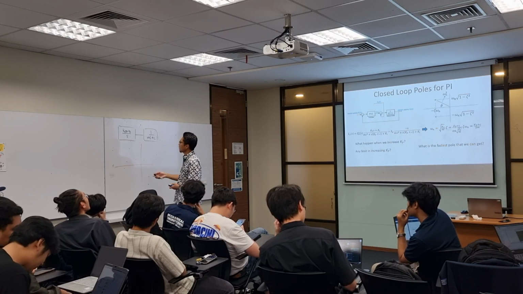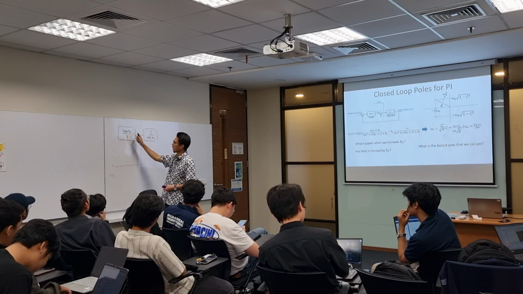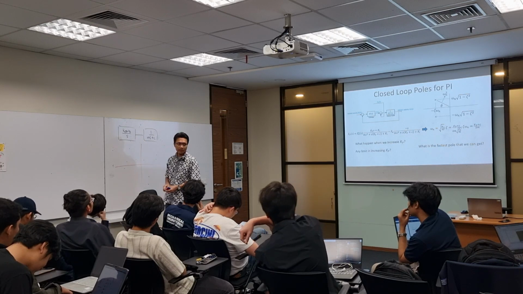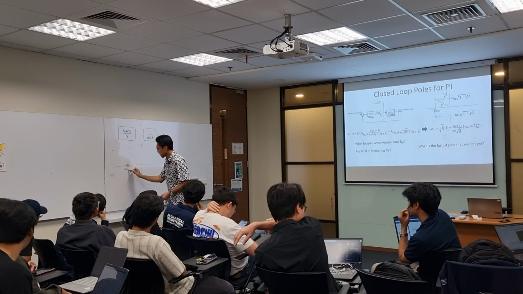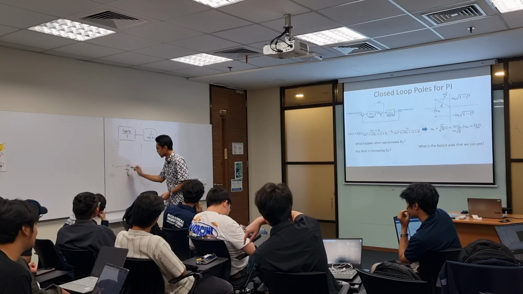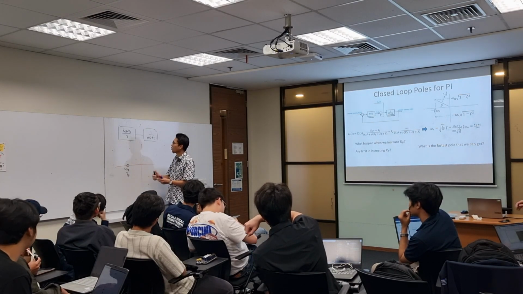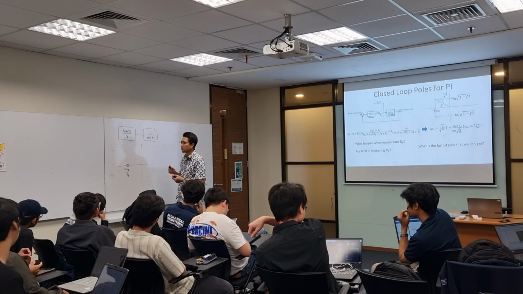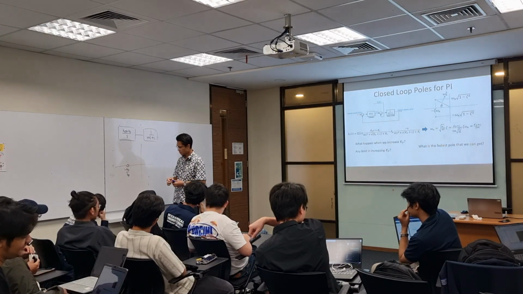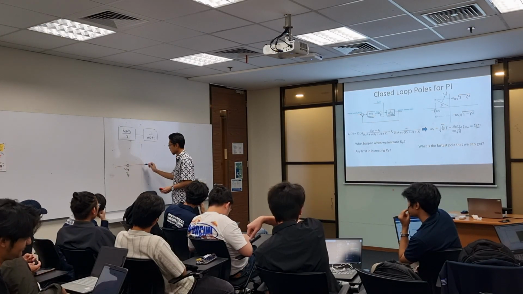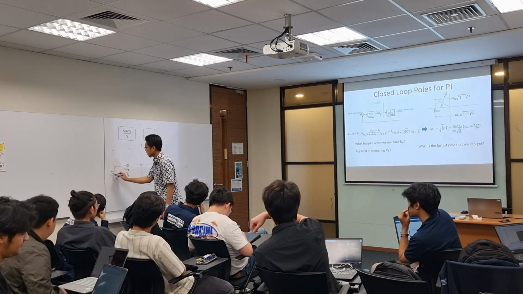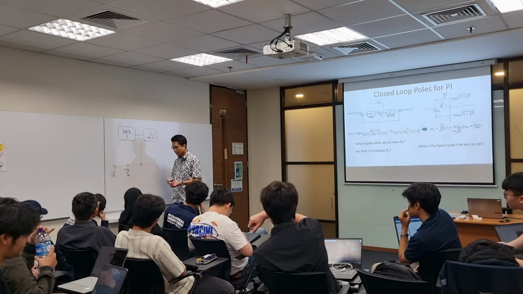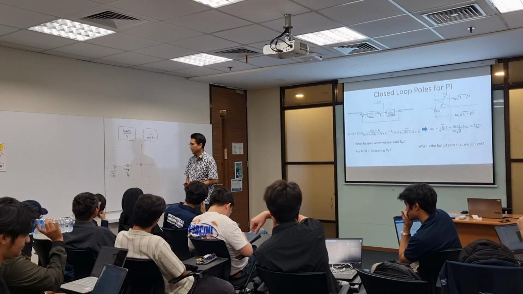The open loop zero is minus Ki over Kp. And then we have open loop poles, which are 0 and minus c over m. Okay, that will be our picture.